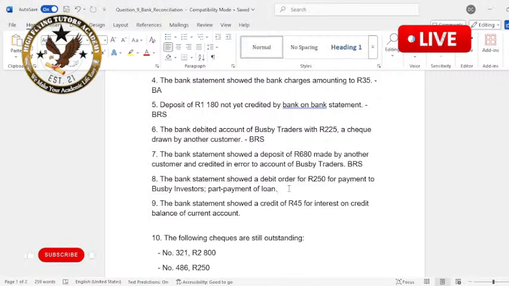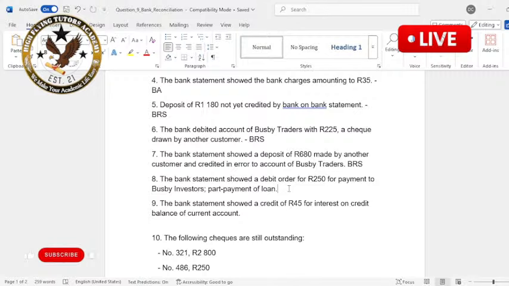We agreed with the loan people that they just deduct 250 from our account on this date, as part payment of our loan. This appears in the bank statement, but it does not appear in the bank account, so we need to take that into the bank account as well.